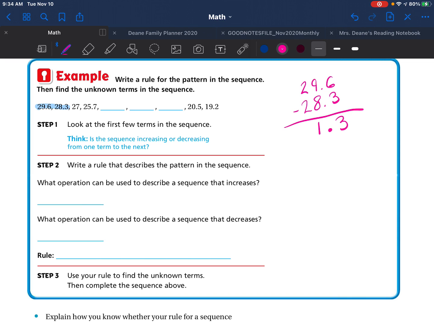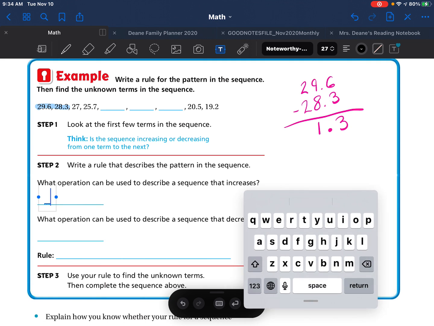So it says, write a rule that describes the pattern in the sequence. What operation can be used to describe a sequence that increases? So not talking about this one specifically, but it's just asking us if a sequence increases, what operation would you use?